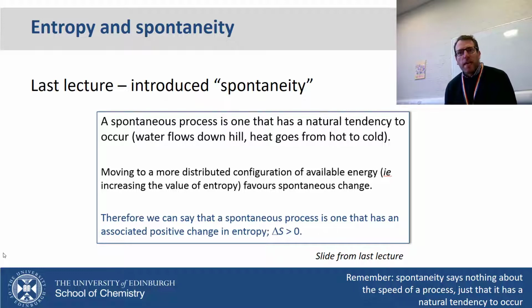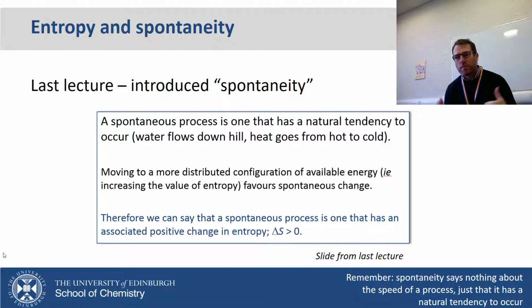So in very casual language, we tend to talk about this as being disorder, in other words, things being more randomized. But what we really mean is the distribution of energy has more possibilities to distribute. So in simple terms, we could think about a molecule that's in a solid state. It'll have a very limited number of energy states available to it for the energy to be distributed.